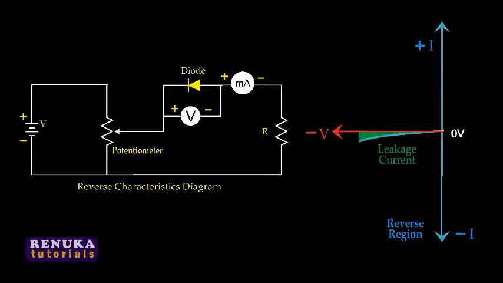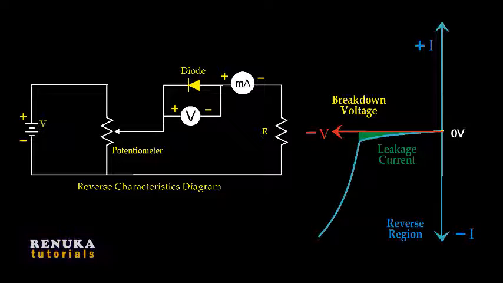As reverse voltage is increased from 0, a constant reverse saturation current will be there, and when the voltage is increased further, at a particular voltage the current may increase rapidly. This voltage where the diode starts conducting in the reverse direction is called the breakdown voltage.